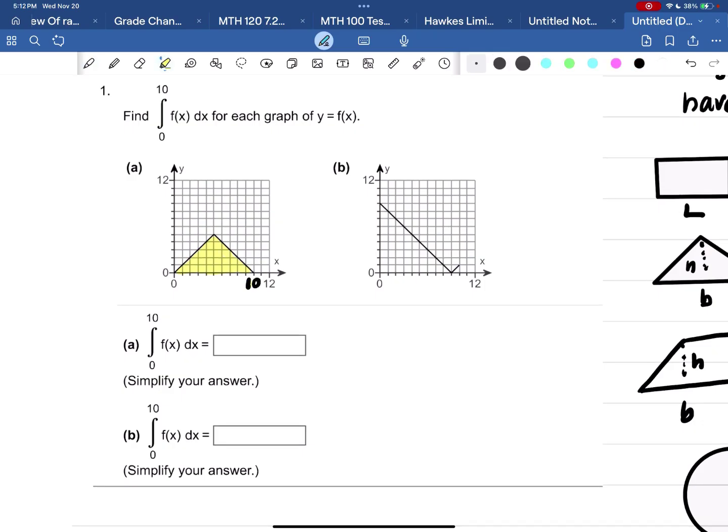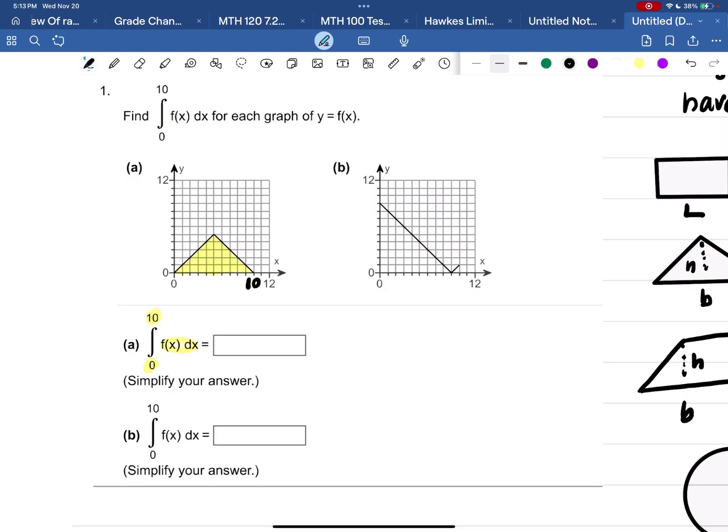So from 0 to 10, f of x dx is going to be that area in that space between that curve, which happens to be a V shape, and the x-axis. We're going to relate it to the geometry, and then later on we'll talk about how we can find that actual value using the calculus.